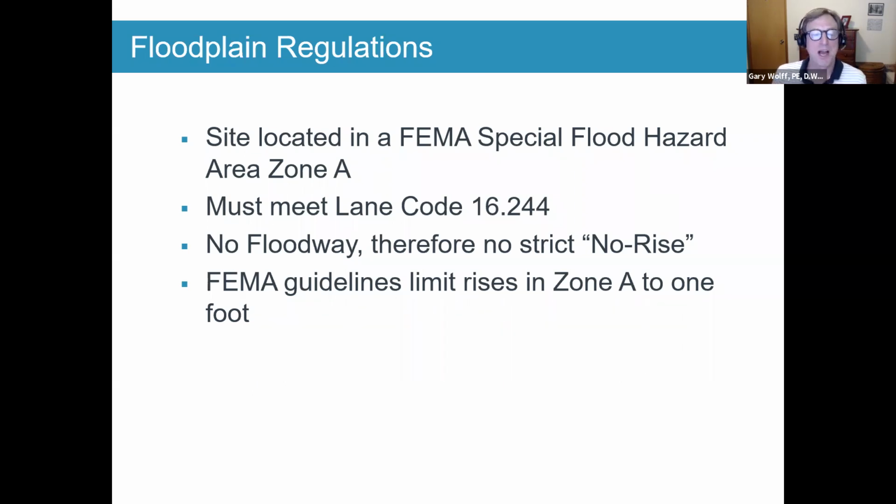However, FEMA guidelines for proximate Zone A's, you can generally get away with up to a foot of water surface elevation increases. And so that was our absolute requirement, but the county, we really wanted to do much better than that. We really didn't want to substantially change flooding as part of this project.